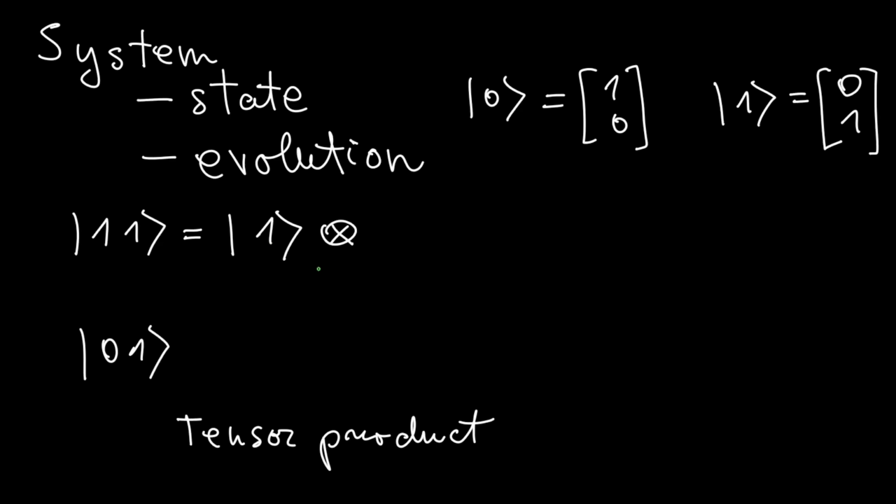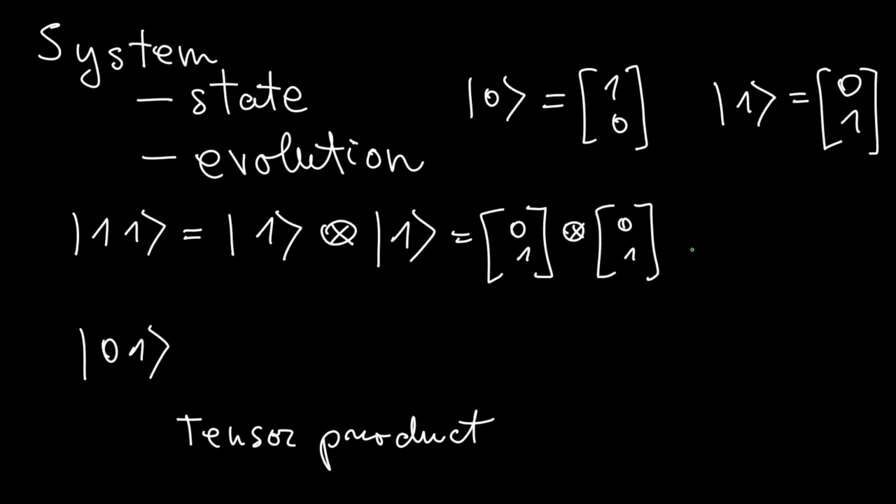In LaTeX it would be \otimes if you're using LaTeX. So take 0, 1 tensor product 0, 1.